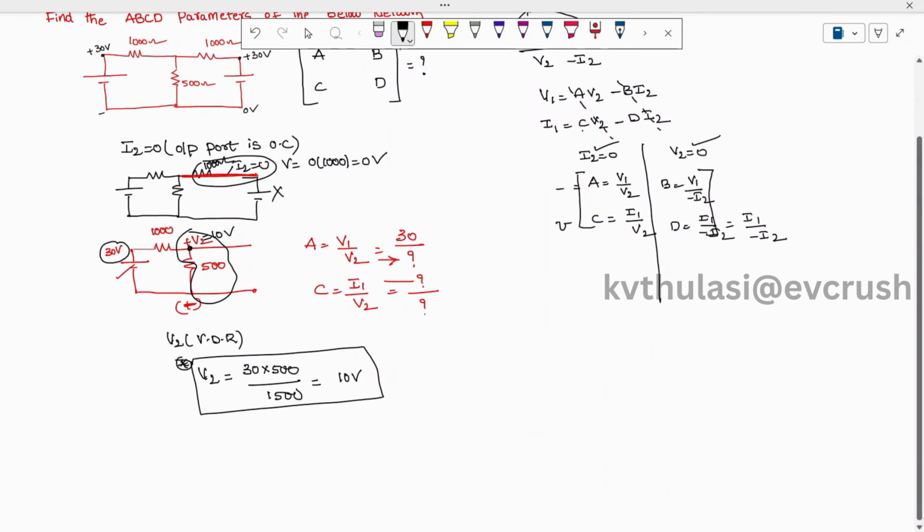V2 we obtained as 10 volts, so A is 3, with no units, because this is also voltage, this is also voltage. You get a voltage gain of 3. For C, we have V2 already as 10, and we want only the value of I1. I'm assuming I1 is flowing like this.